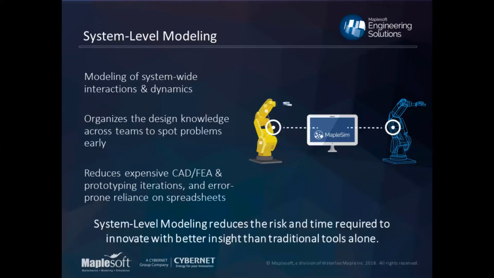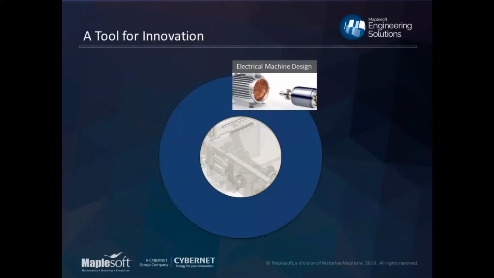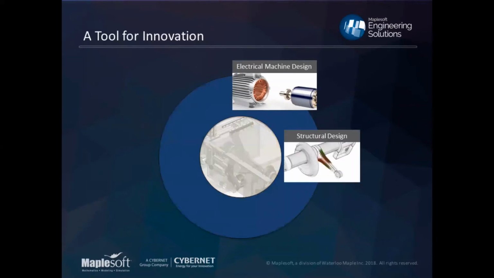So why move to system level modeling? Typically, engineers that are using FEA and Excel-type spreadsheets have a good sense of how their products work. They don't necessarily need a dynamic simulation, since their current tools mean that they can make basic improvements to current designs.